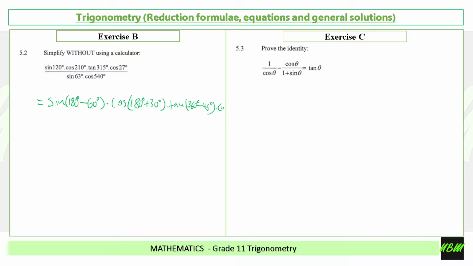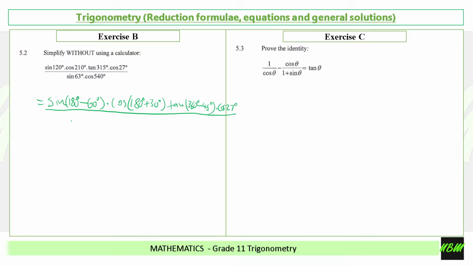Let us leave it as it is, cos 27 degrees, all divided by sine 63 degrees. 63 degrees is an acute angle that is not a special angle. Remember, in the numerator we also have a similar case, 27 being an acute angle that is not a special angle.